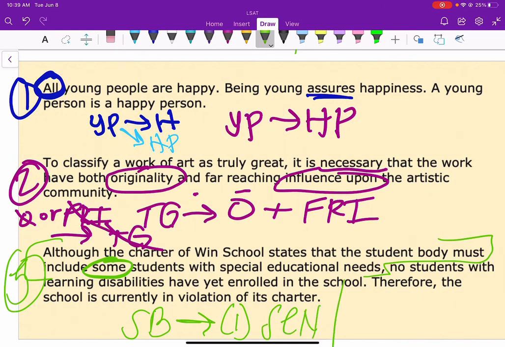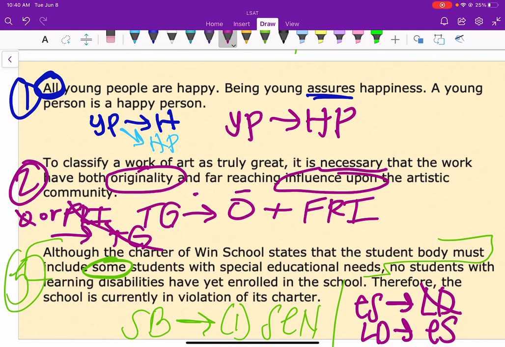And then our next sentence says, no students with learning disabilities have yet enrolled in the school. So this is like saying, if you are enrolled in the school, so enrolled in school, then you do not have a learning disability, or if you have a learning disability, then you are not enrolled in this school.